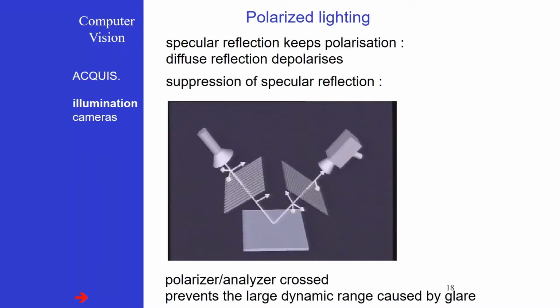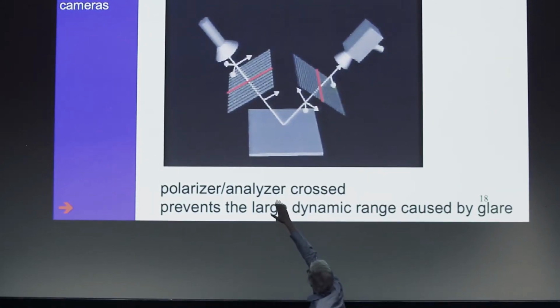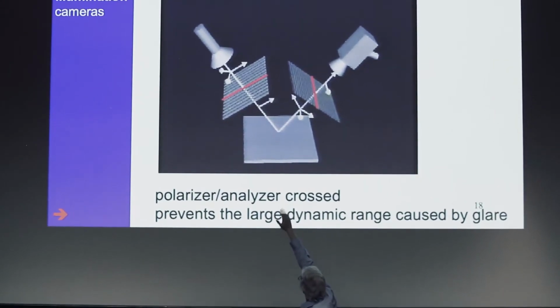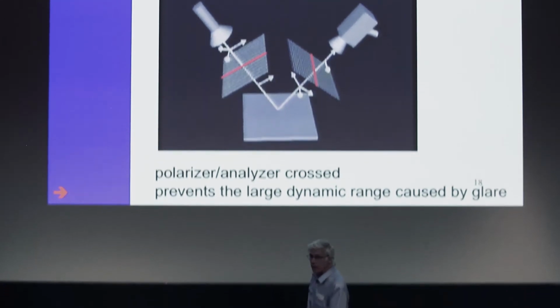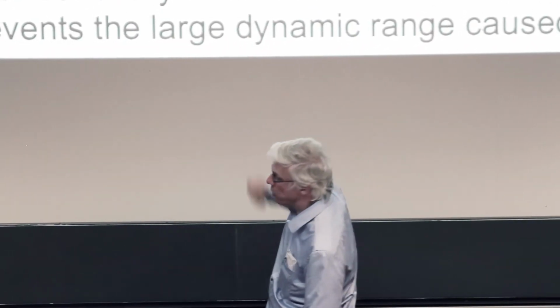So here's the setup. We have this surface here, may consist of multiple materials, some specular, some diffuse. We start with light shining onto the polarizer on the left. We see its preferred direction of polarization.